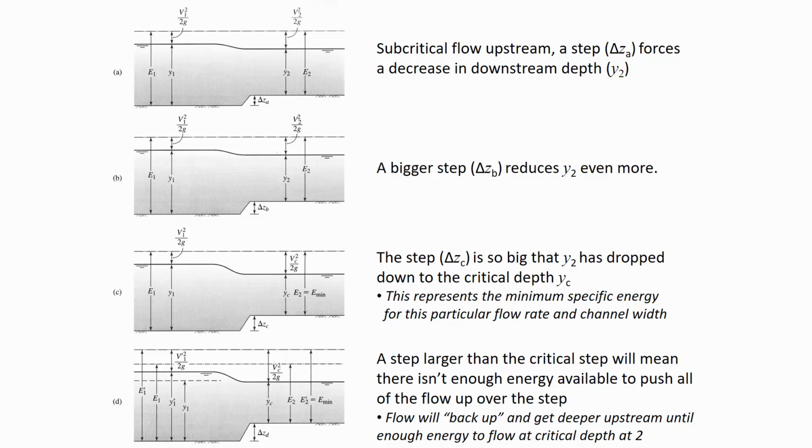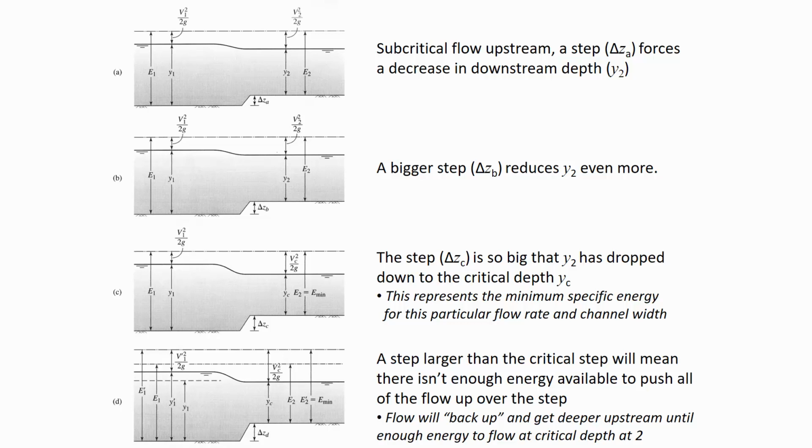If we make this delta Z D, so condition D is just like a really big step, a step that's larger than the maximum allowable step to prevent pooling. We can call that like the critical step height. Condition C here, where it's saying delta Z C, it's a critical step height because any more additional height and there won't be enough energy to get over it.